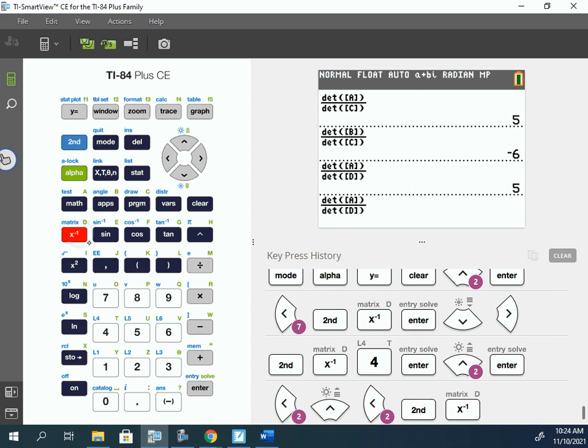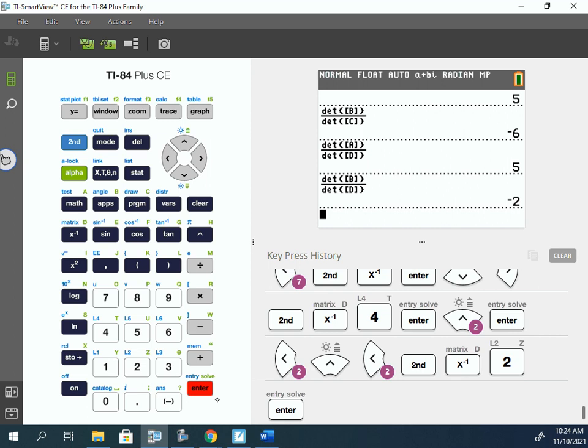Then we can change matrix A with matrix B, which tells us that the y value is -2.